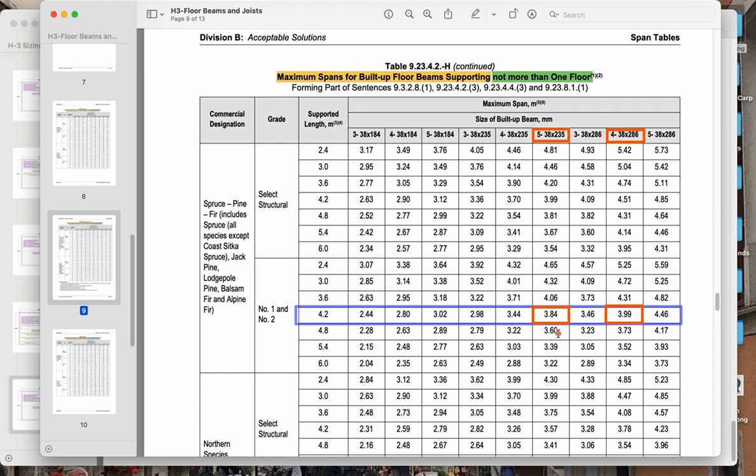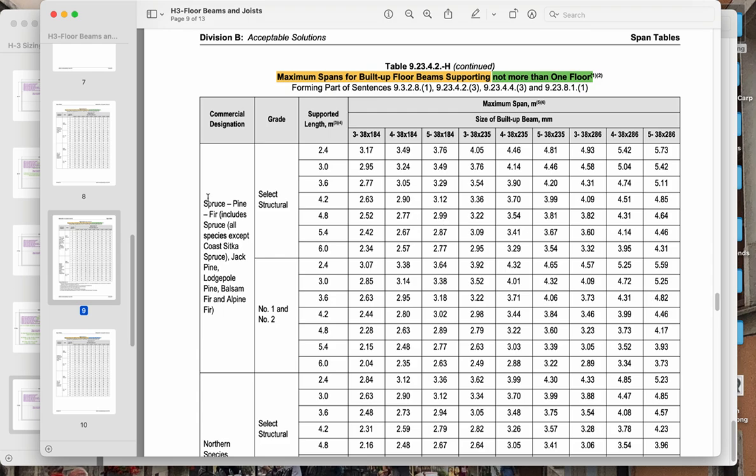Those are the 2 options. So if we went with the 5 by 2 by 10, the max span would be 3.84 meters. If we went with a 4 by 2 by 12, our max span would be 3.99 meters, so a stiffer floor. So you could choose either one there. You'd be right in both circumstances.